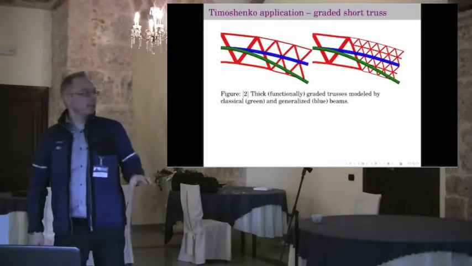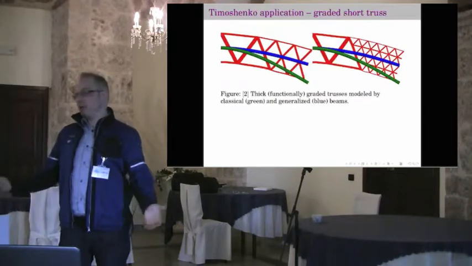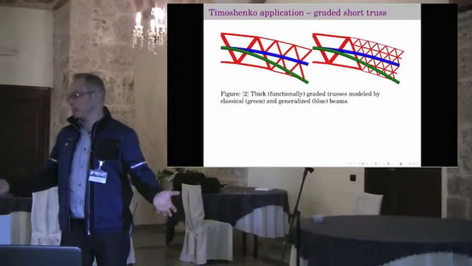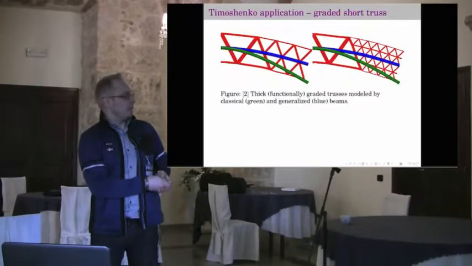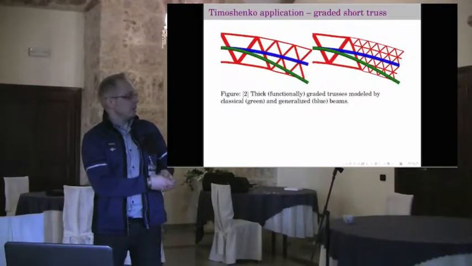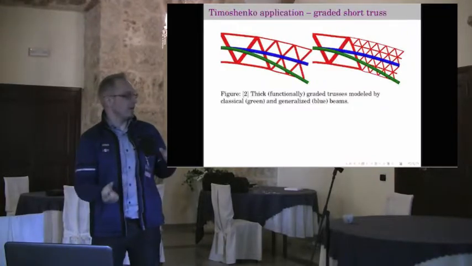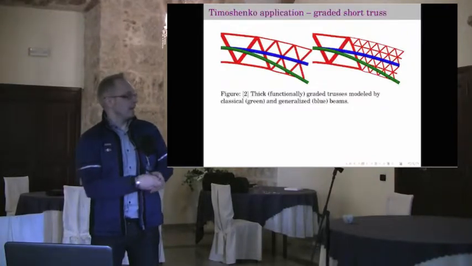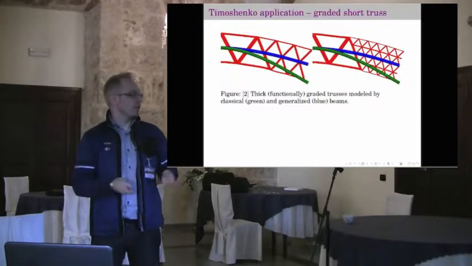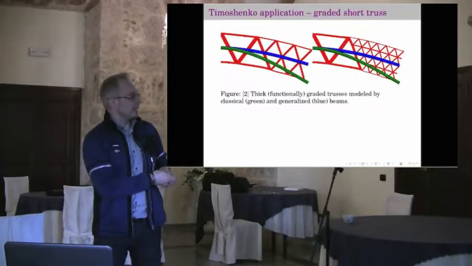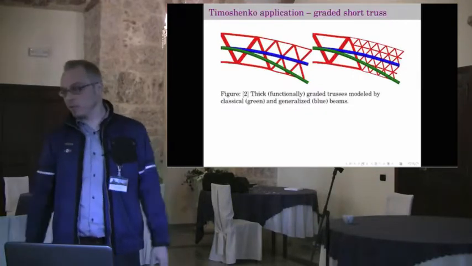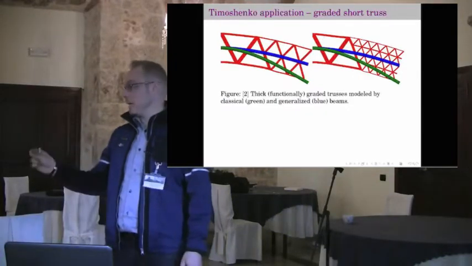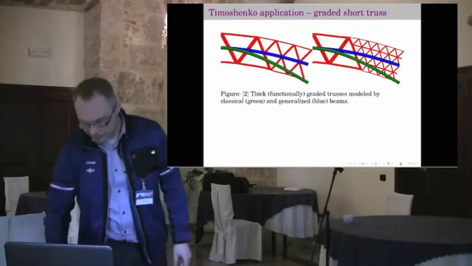And then we even wanted to play a little bit with, let's say, functionally graded, not really functionally, because there is now no idea of function. But anyway, we want to model that simple truss or kind of double truss, and this one with a Timoshenko beam. And one can show that classical beams are far too slender, but the generalized one is able to capture the behavior quite nicely.